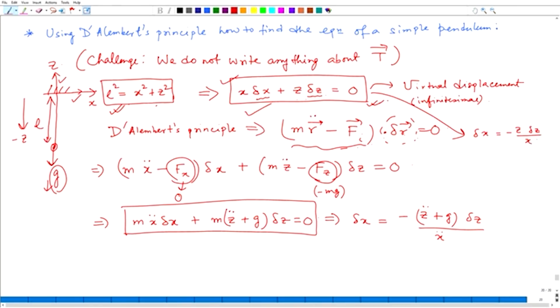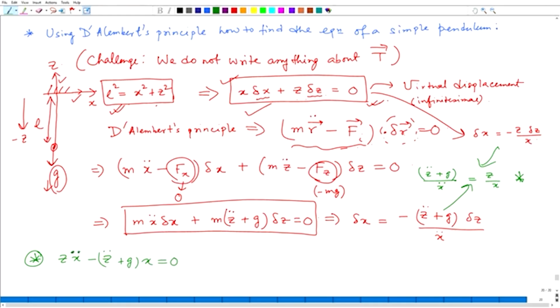I can equate these two for having something very interesting. If you equate them, you will have z double dot plus g by x double dot be exactly equal to z by x. And then I can simply write the equation: z x double dot minus z double dot plus g x equal to 0.